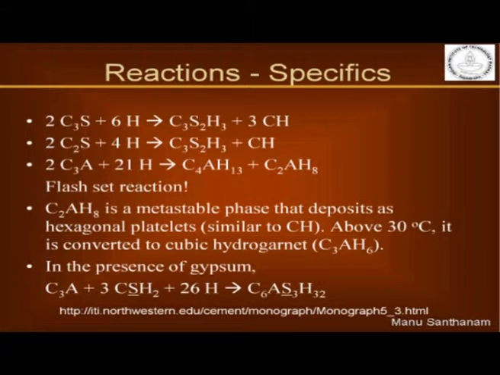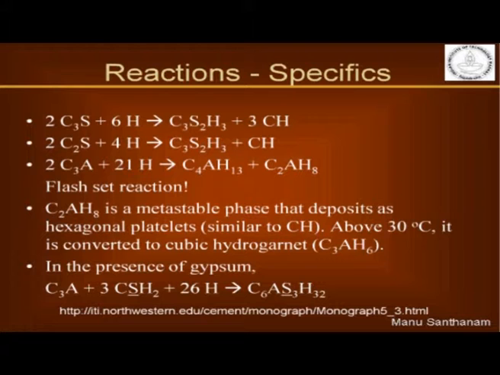So you have 2 C3S plus 6 H, please remember H is water, 6 molecules of water, giving you 1 CSH, that is C3S2H3, and 3 calcium hydroxides. C3S2H3 means 3 CaO, 2 SiO2 and 3 H2O.